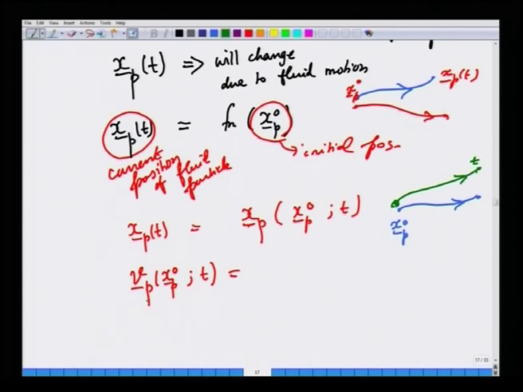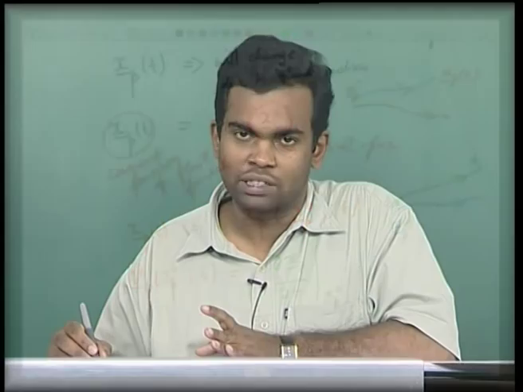So, each particle is labeled by its initial location. This is the velocity of a particle which was at x_p0 at time t equal to 0, and the velocity of that particle at time t is nothing but the rate of change of its position, dx_p by dt, keeping x_p0 constant. That is, you are fixing the same particle, following the same label in some sense, and asking what is the velocity at time t.